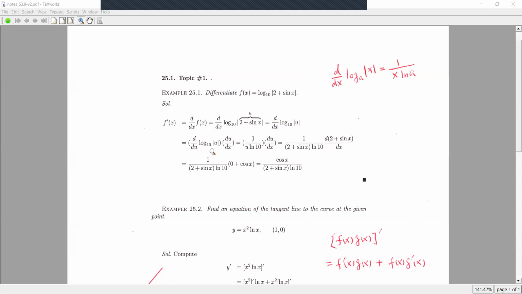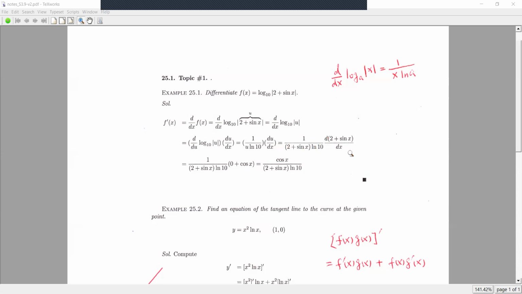This derivative by formula is 1 over u times natural log of 10. Now, remove the intermediate variable u. Plug in 2 plus sin of x for the u here, then I have this equation.